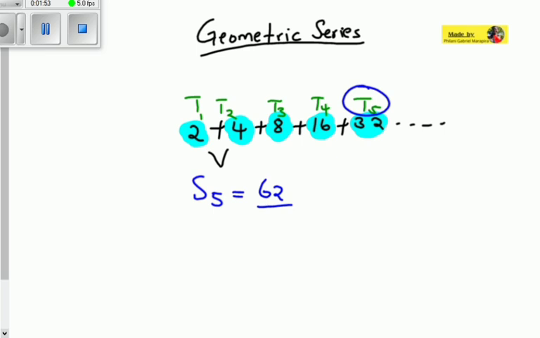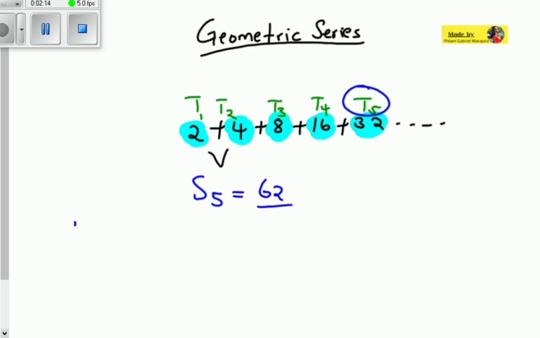But what would you do to get the sum of the first 10 terms? Are you going to keep on adding more terms, and more terms? It's going to be frustrating and time-consuming. So we will use a formula that helps us calculate the sum of terms in a geometric series.